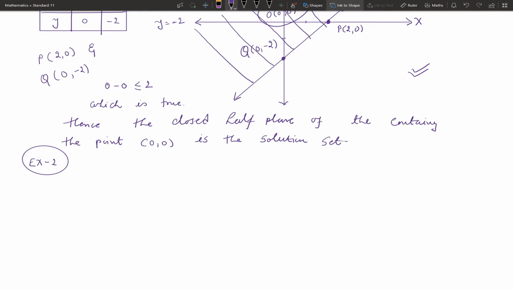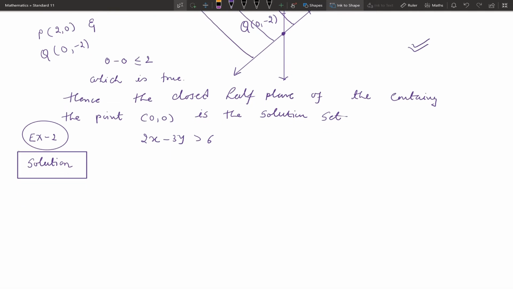2x minus 3y greater than 6. Solution. So we know the method is first the given inequality 2x minus 3y greater than 6.